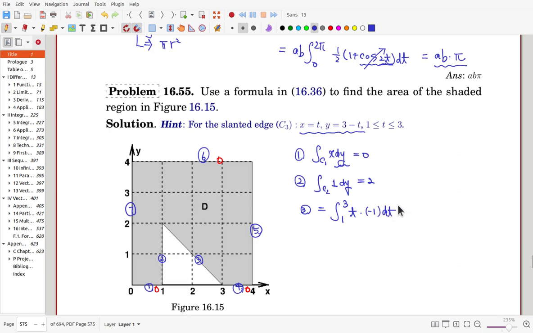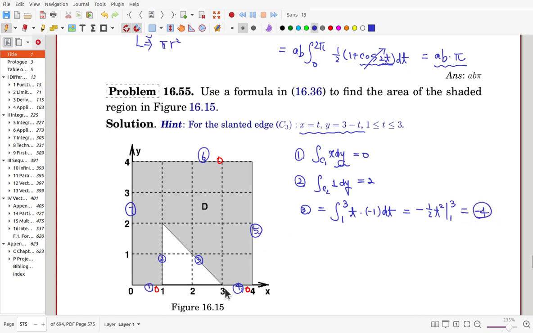Right? Okay, so from this one, minus half t squared, from 1 to 3, 9 minus 1 is 8, and minus half, so that we have minus 4.